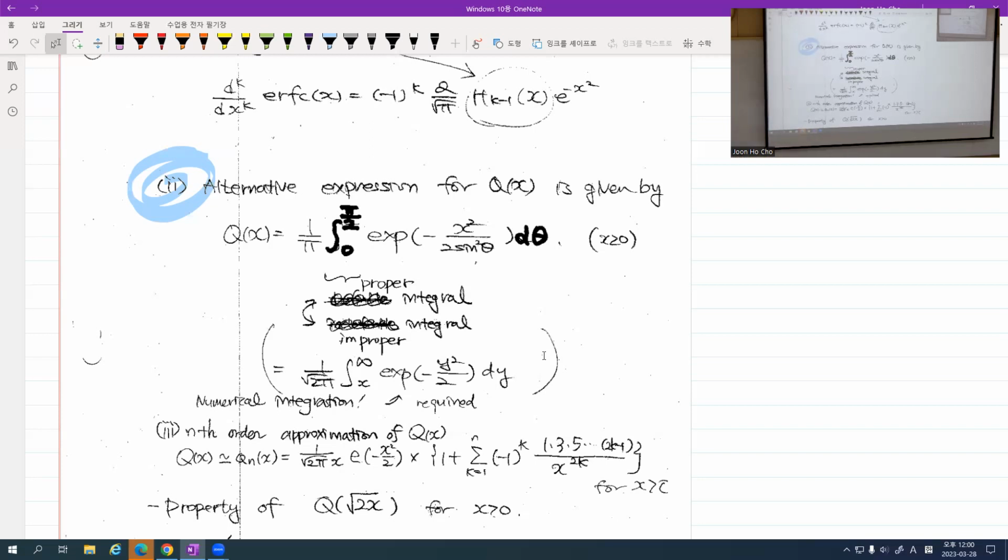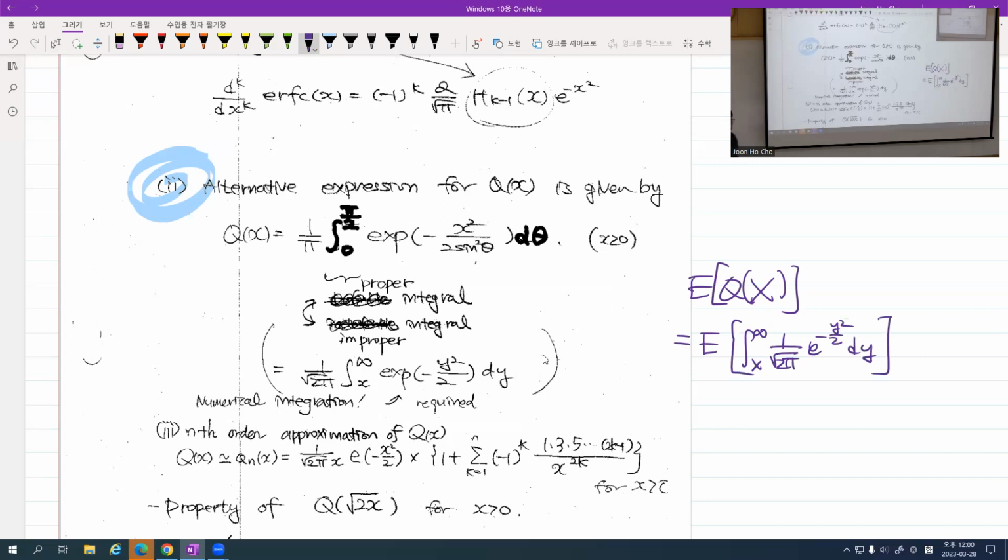For example, you want to find the expectation of Q of something, and instead of using this formula, here you have the random variable appearing in the lower limit of the integral. What can you do? You have an alternate form.